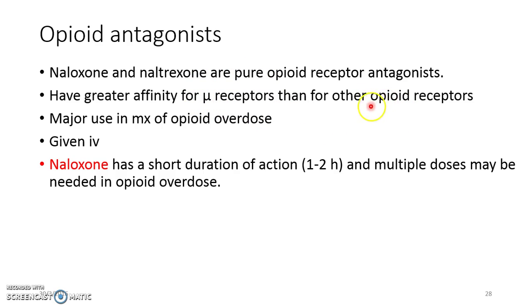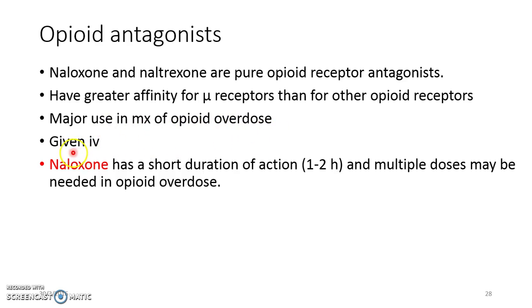So these antagonists are not bothered too much with the delta and kappa receptors, but they attack the mu receptors. They have great affinity for the mu receptors. It is used mainly in the treatment of opioid overdose.